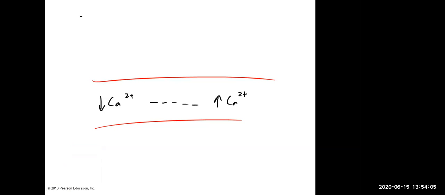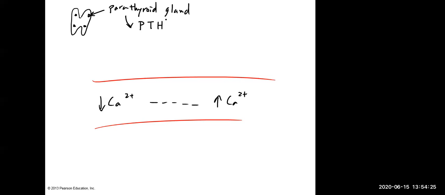Now on the thyroid, next to it, there are parathyroid glands. There are four of them. Para means next to. Thyroid gland. The parathyroid glands produce parathyroid hormone, PTH. What does the parathyroid hormone do?